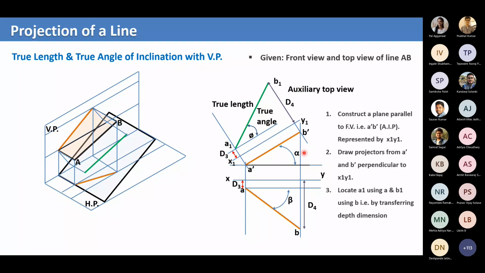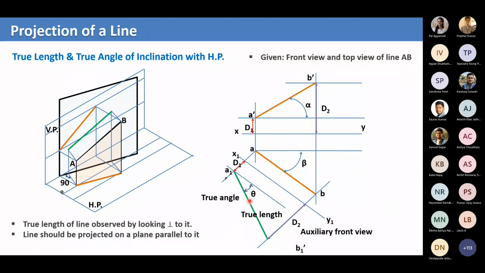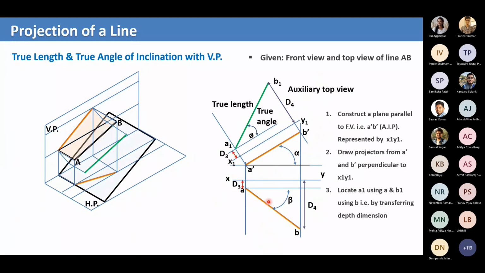I've already said in the previous class what these phi, alpha, beta, and theta are. Here there is theta. This is the true angle of the line AB with respect to HP. What is phi? It will be the true angle of the line AB with respect to VP.